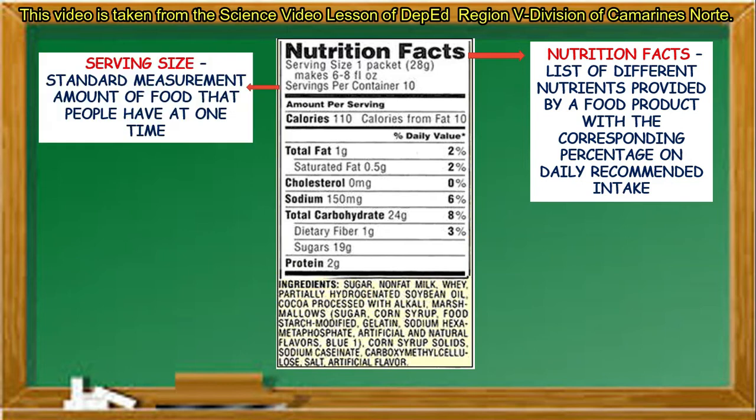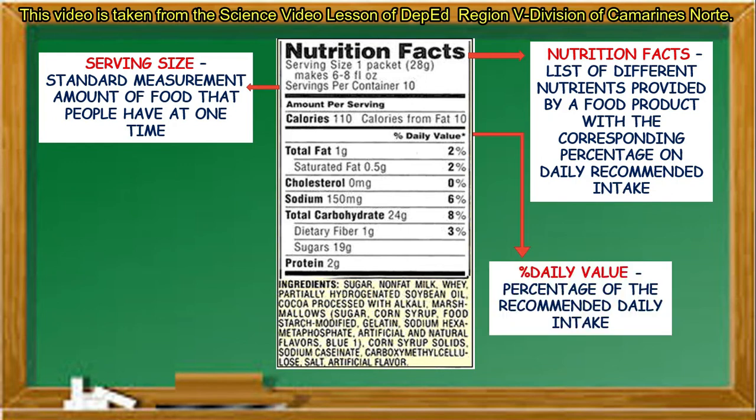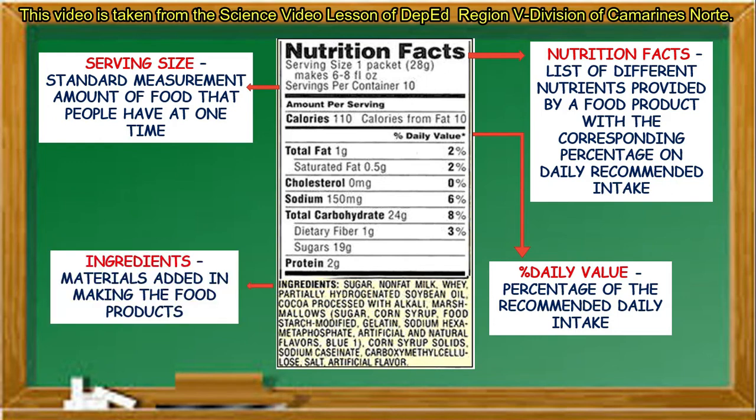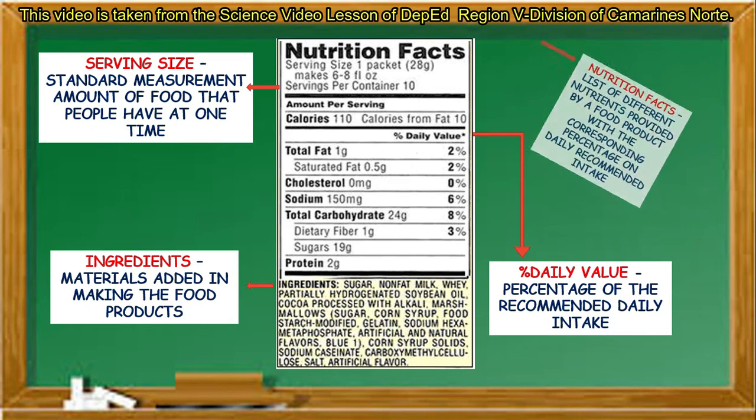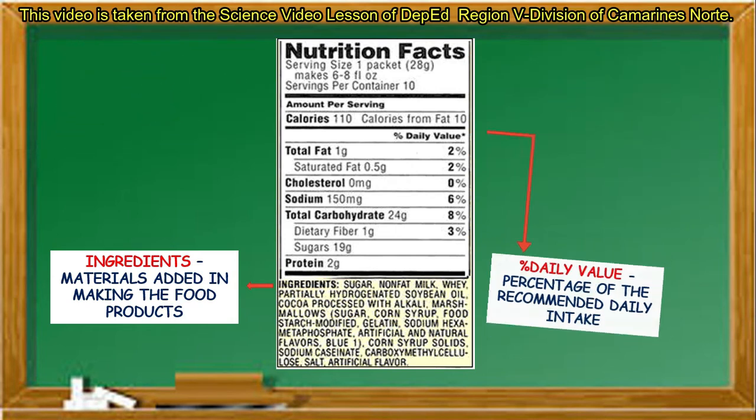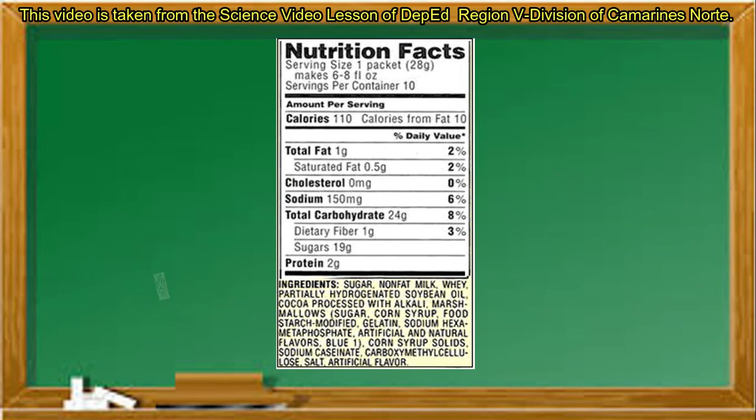Serving size: the standard measurement amount of food that people have at one time. Percent daily value: the percentage of the recommended daily intake. Ingredients: materials added in making the food product. Those are the things you can see on the food label.